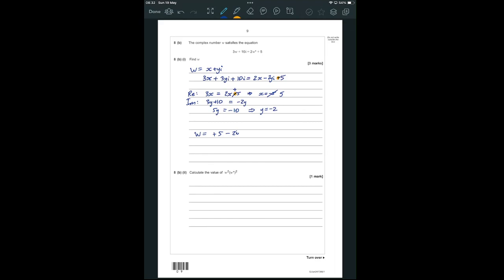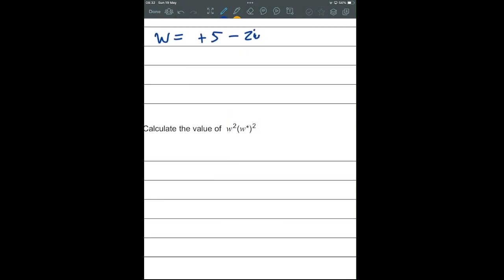Find the value, finally, of w squared, w star squared. And I'm actually going to write that in a slightly different form because of what happened earlier in the question. I'm going to write that as ww star squared. And then ww star, we've already worked out what that looks like from the previous part of the question.